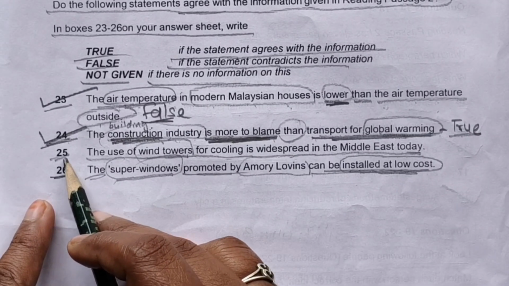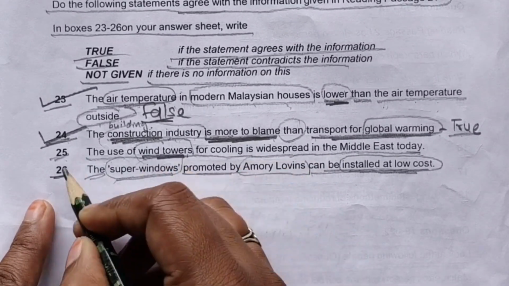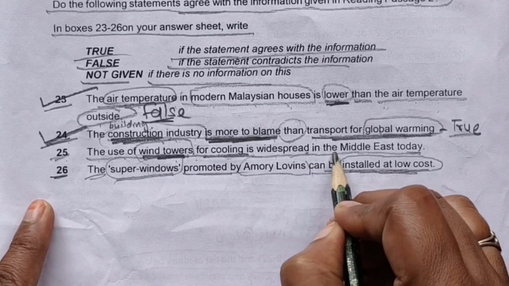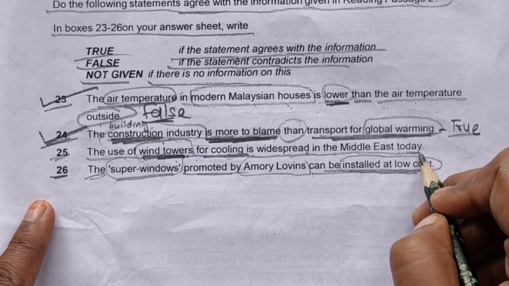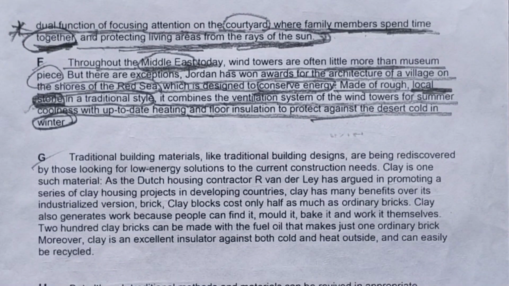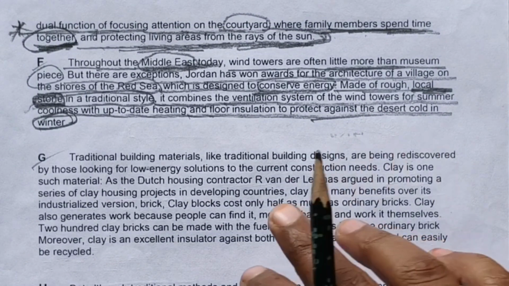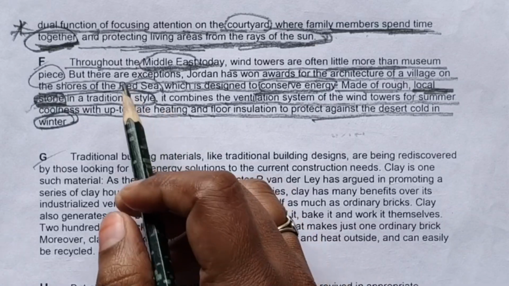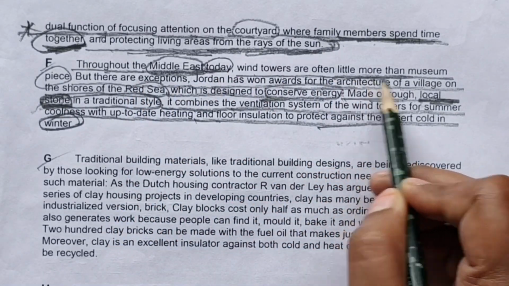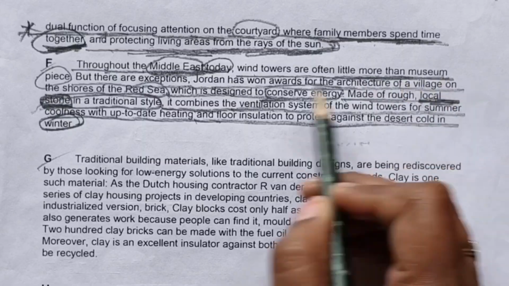Number 25, we have seen this wind tower. The use of wind towers for cooling is widespread in the Middle East today. Let's see whether we are getting this or not. So in this paragraph, what they have mentioned is, throughout the Middle East today, wind towers are often little more than a museum piece.